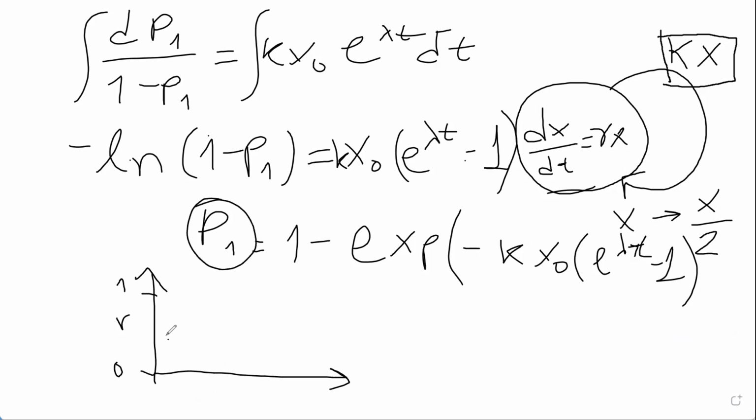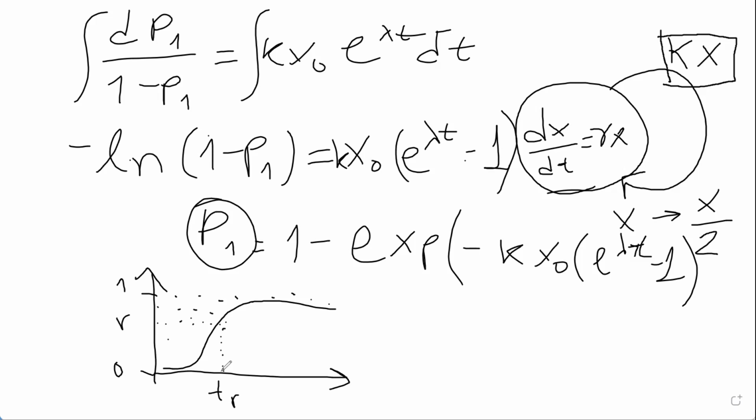I plot here the cumulative p1 over time, and I pick a random number here, and the projection of that random number to the p1 is going to be my time of reaction.